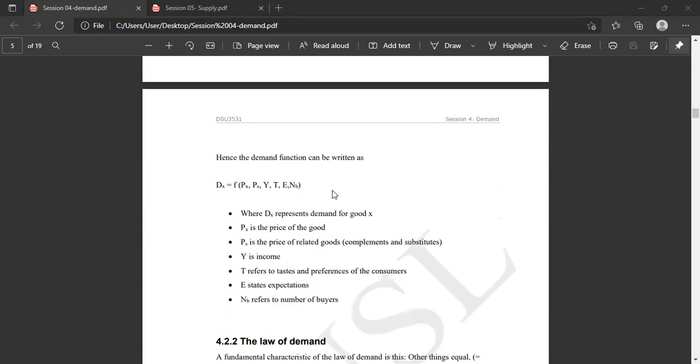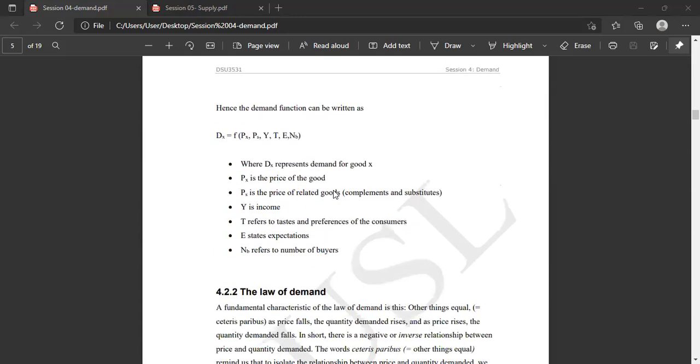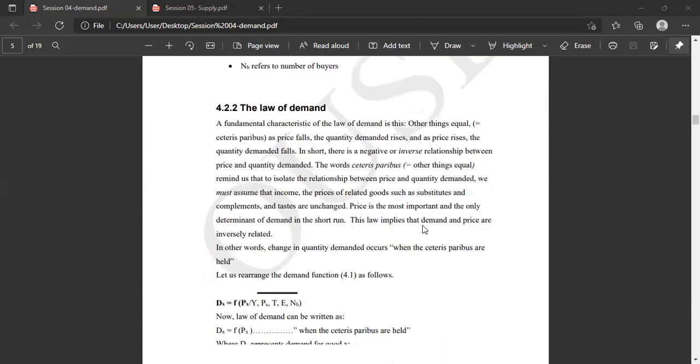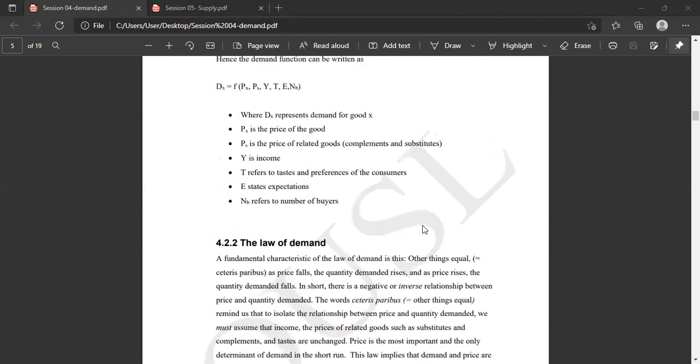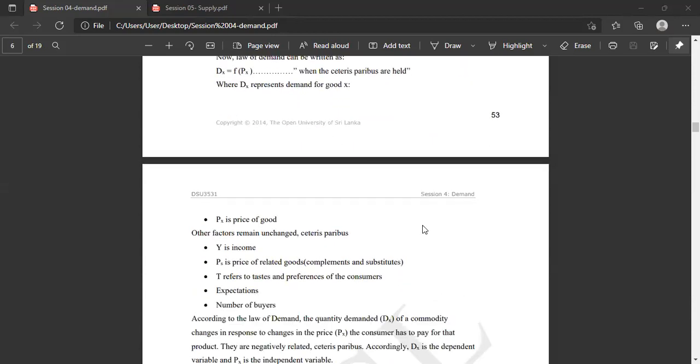And demand is affected by several factors: price of the same product, price of related goods, income, taste and fashion, expectations, number of buyers, like that. So many factors are there. Out of all these factors, the most important factor is price of the same product.